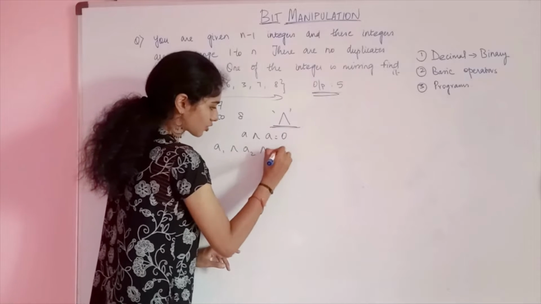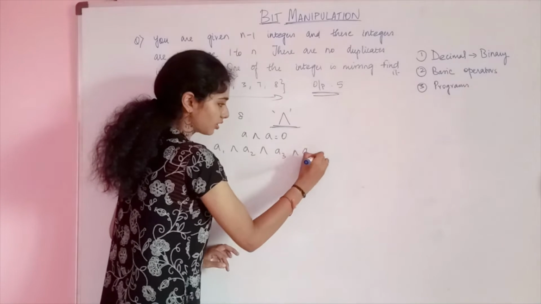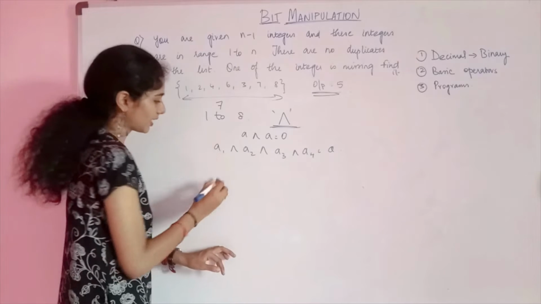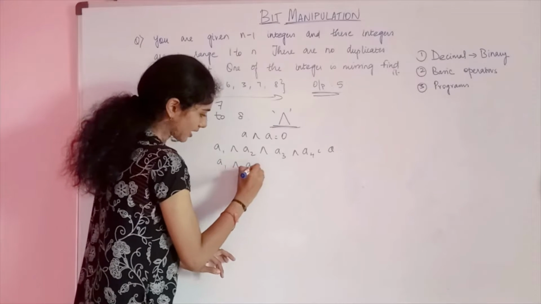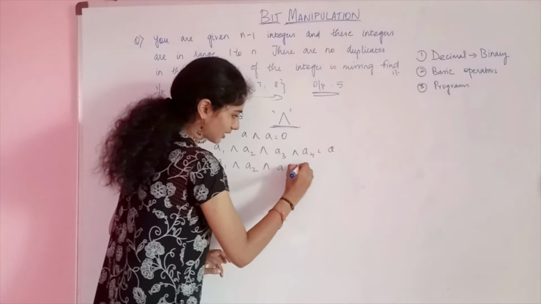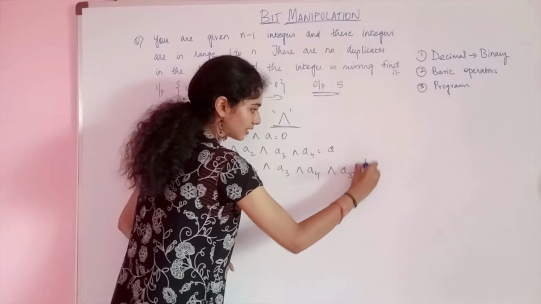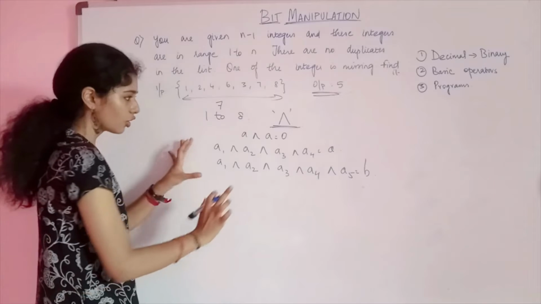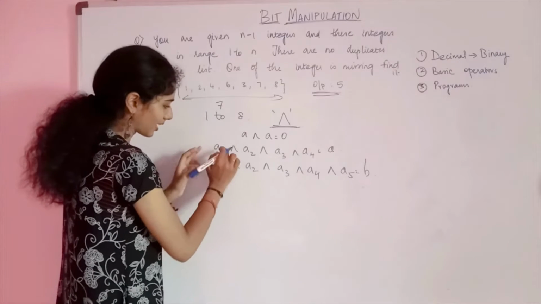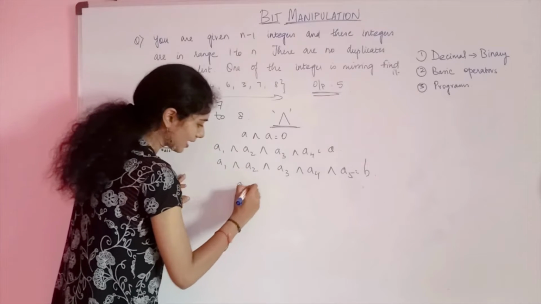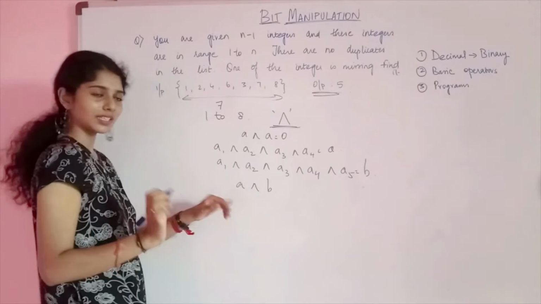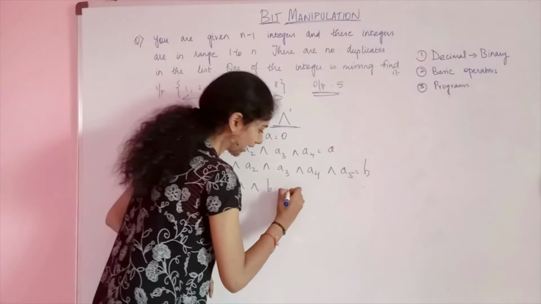So let's have this now. A is A1 XOR A2 XOR A3 XOR A4. And let there be another instance, A1, A2, A3, A4, A5. Let this be B. Same numbers. So now A XOR B, what would that be? I'm telling you that is A5.